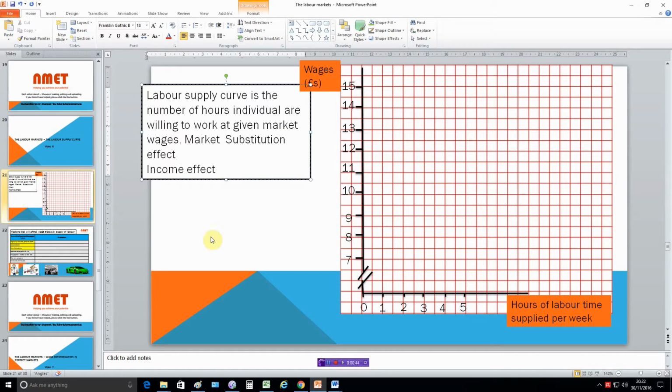Then we should put it down this way: willing to work at given market wages.